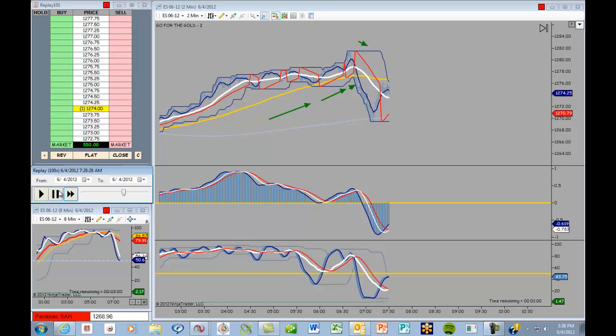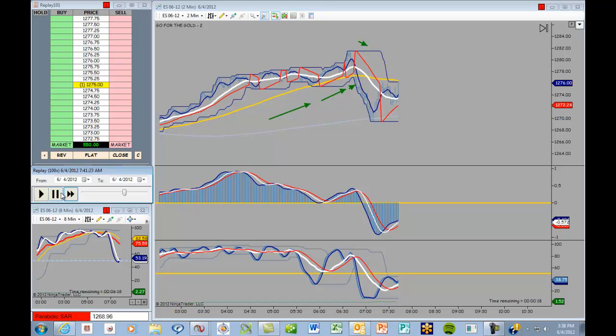Remember, no counter trend trades. As you can see, the trend defining moving average is now the gold one, and we've got red, white, and blue momentum modules formed by the parabolic.